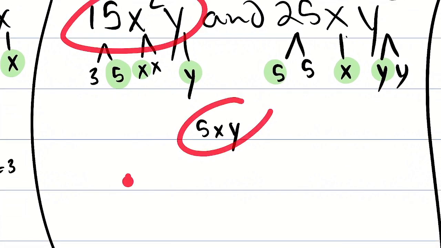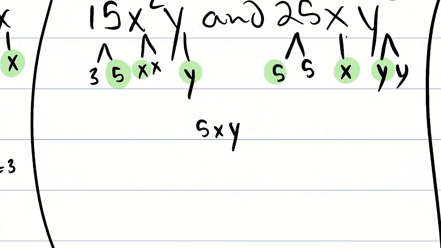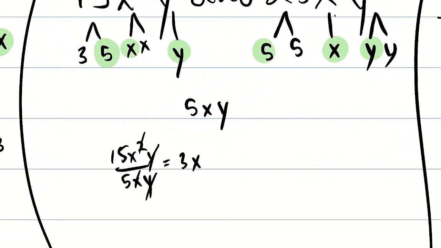Let's do that real quick. We have 15x squared y, and if we divide it by 5xy, we shouldn't end up with a fraction. So one of the x's cancels out, the y's cancel out, and then 15 divided by 5 is 3, and we have an x left in the numerator, so 3x. So check. 5xy is a factor of 15x squared y.